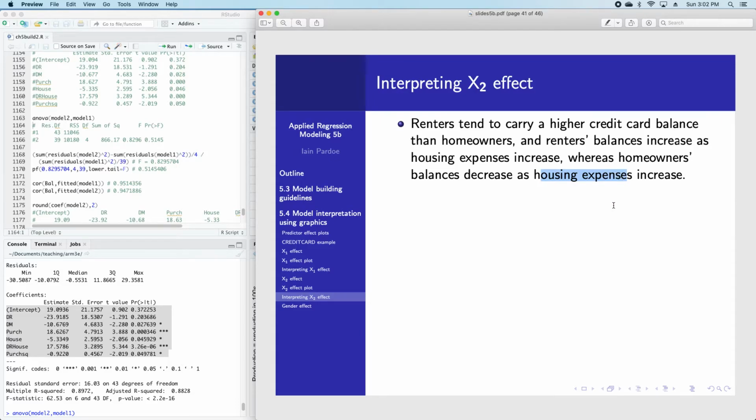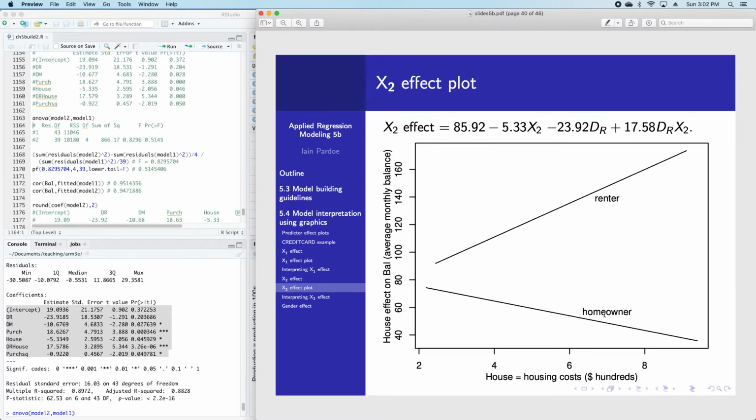So what's one possible reason why someone's credit card balance might be higher as their mortgage is lower? So for example, I'm thinking about the homeowners now. People on this end of the graph have lower mortgages than people at this end.